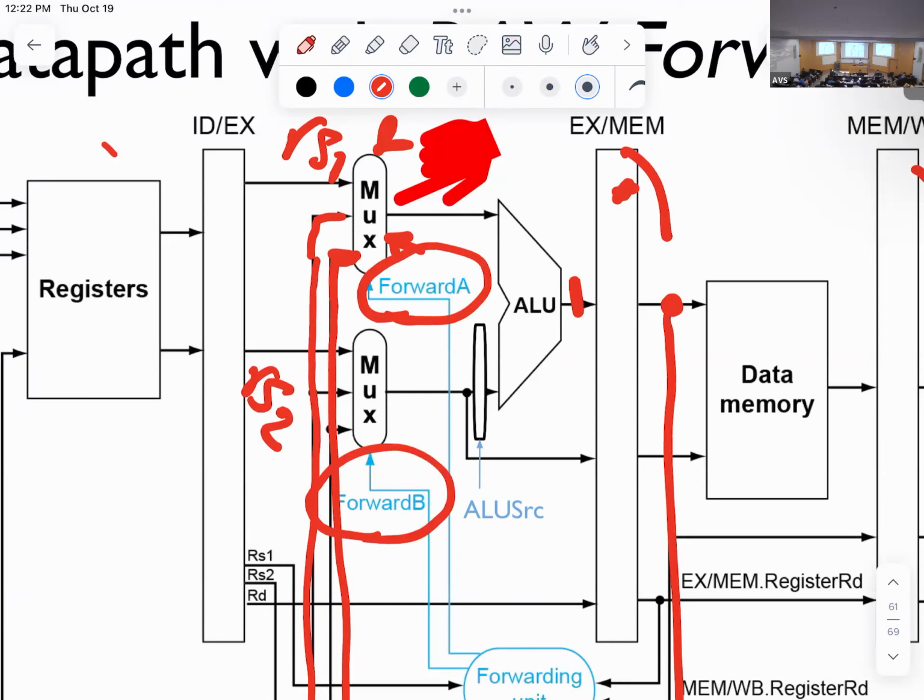And this forward A or forward B is detected by what we call the hazard detection unit. The moment that we see that the RD of a future instruction is similar to either RS1 or RS2, we're going to issue the forwarding so that, instead of selecting the regular RS1, we select this one or this one, depending on which stage we need to forward from. That's the idea.